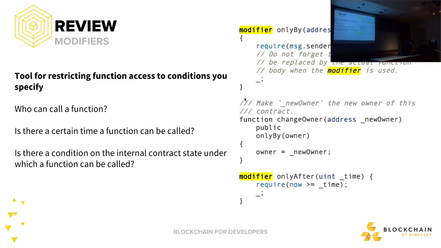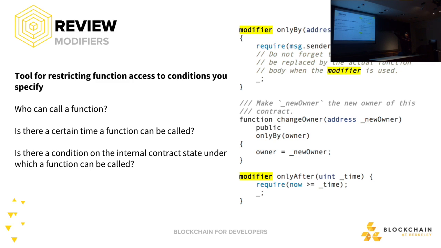The second topic is modifiers. Modifiers allow you to restrict access on functions, in the sense that we can say who can call a function, under what state conditions on the contract a function can be called, maybe at what point in time a function in a contract can be called.